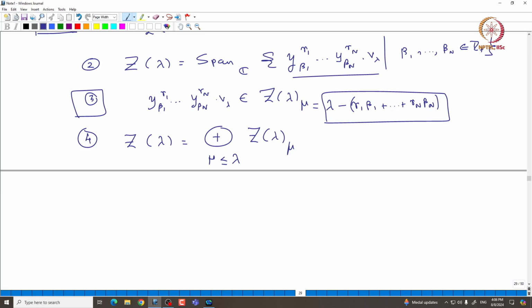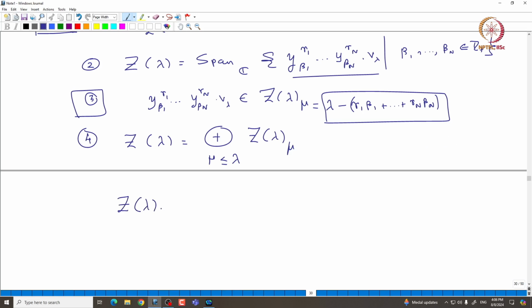So that tells you that given μ, there could be only finitely many tuples. Let me make it very precise.